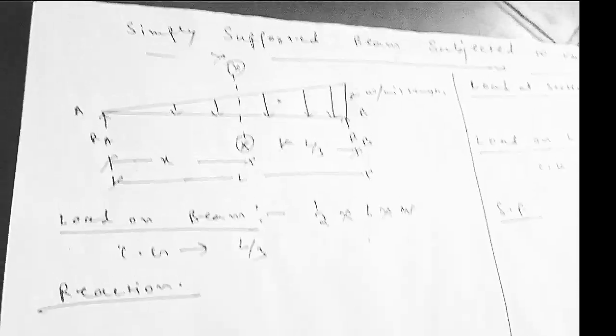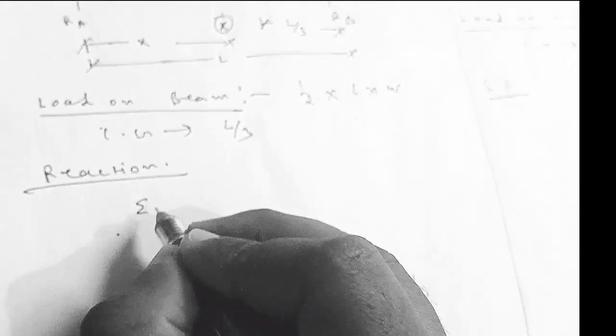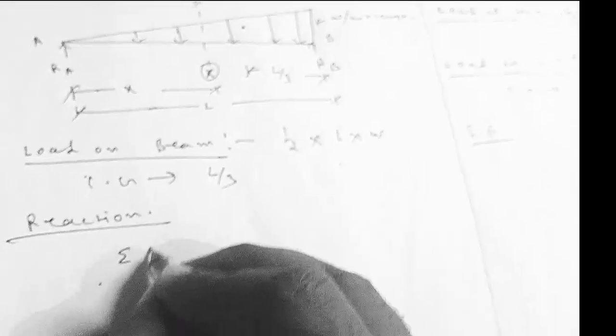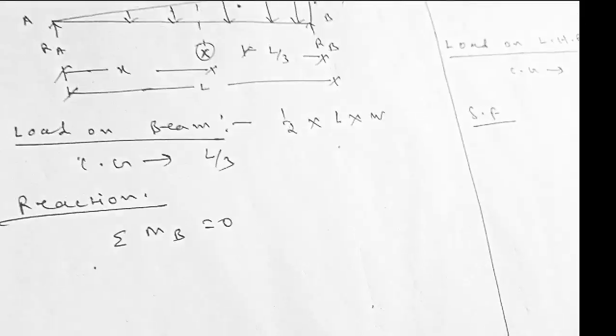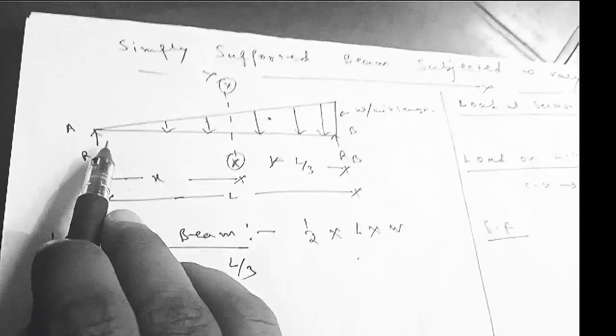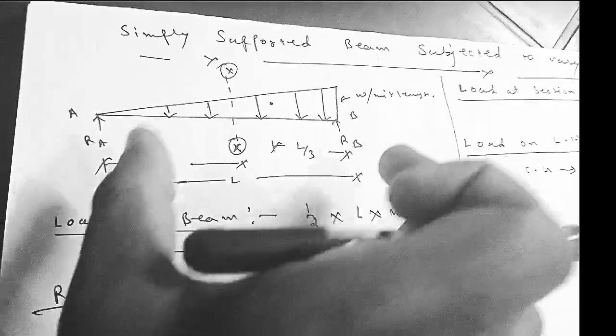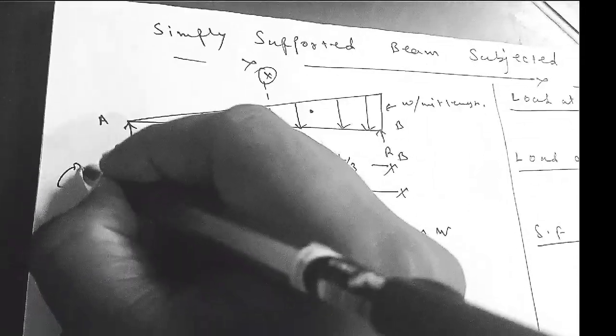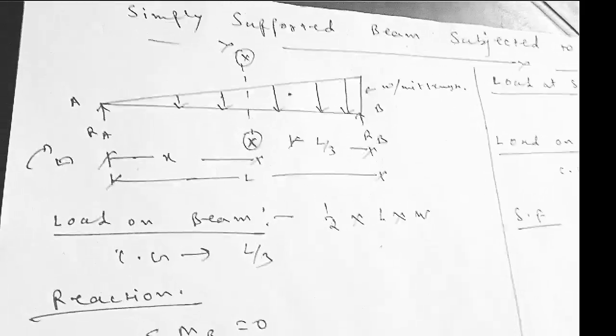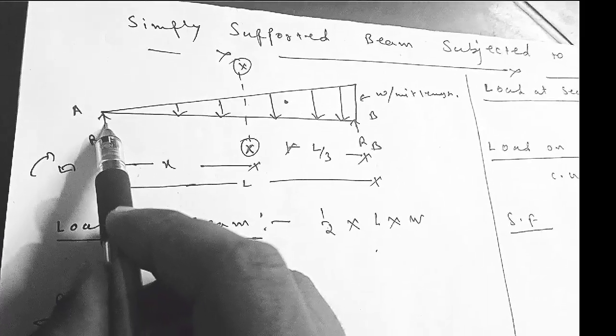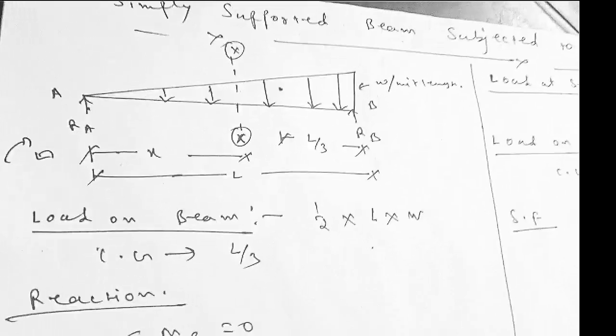Now next we will determine the reaction at A and at B. For determining reaction at A, taking moment about B equal to 0. So summation of M suffix B equal to 0. Here R suffix A into L, because we are taking moment about B. We are taking clockwise positive and anticlockwise negative. So this will produce clockwise moment, so it is positive.